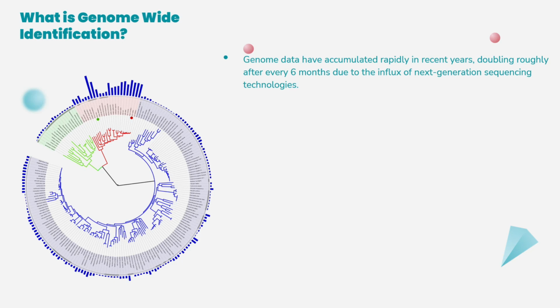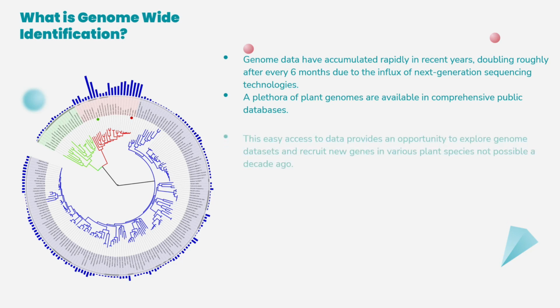If you are doing bioinformatics, you should have an idea that next generation sequencing is now appearing in our world and it is accumulating a lot of data right now. With these data accumulating, we have different plant genomes available in public databases like NCBI and Phytozome and many other databases.